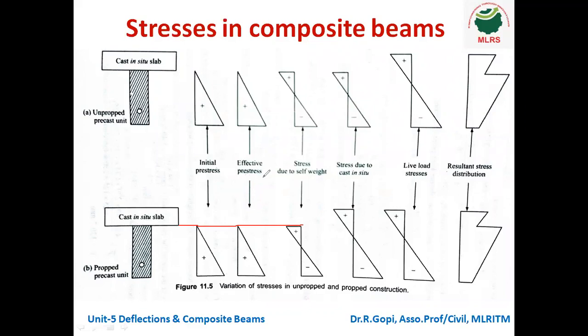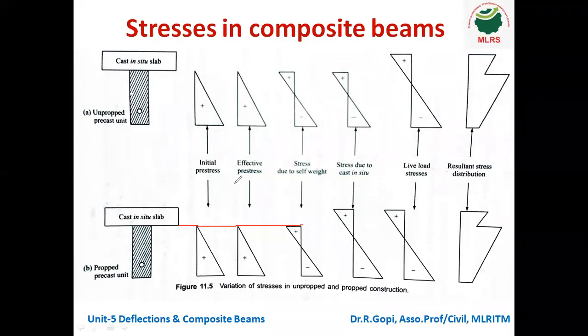Effective stress. What is the difference between initial stress and effective stress? Suppose we are giving 1000 kilonewton. Then P by A is the initial stress. Effective stress means after losses. Suppose 20% losses occur.